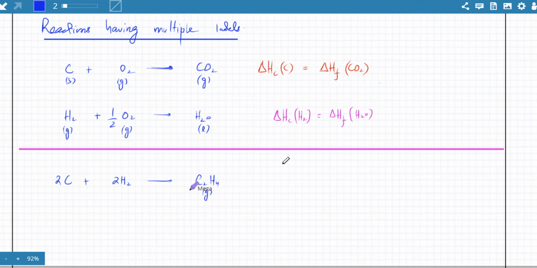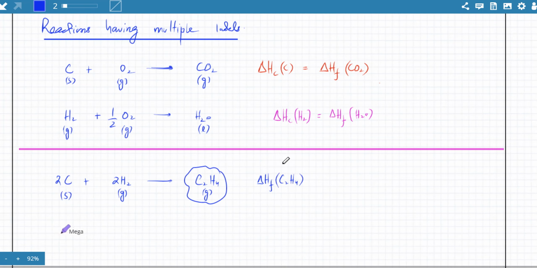So the energy change that is associated with this reaction, what can I call it? What label can I assign? Formation. Okay, so this is 1 mole of ethene formed. I can call it the enthalpy of formation of C2H4, because it's being formed from its elements.